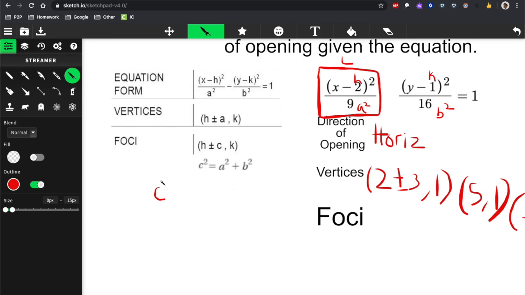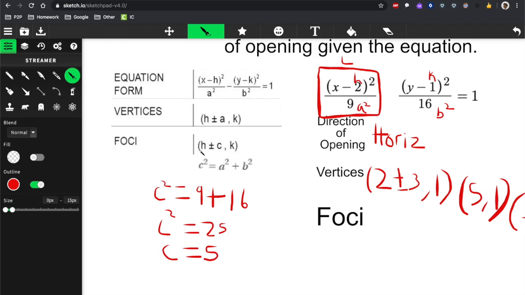We know c squared is equal to whatever our a squared is, and our a squared is 9. So 9 plus whatever our b squared is, which we found to be 16. Add them two together, we get c squared is equal to 25. And then square root both sides, and we get c is equal to 5.